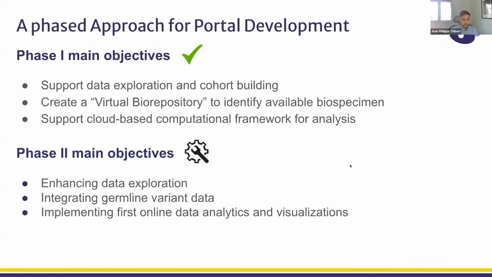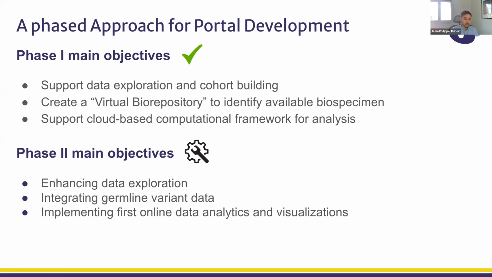So the portal development is really following a phased approach. So the phase 1 main objective is really to support data exploration and cohort building. And the reason we want to do that is by doing cohort building activities, you could identify a certain research question or a hypothesis based on a phenotype, let's say you're interested in.